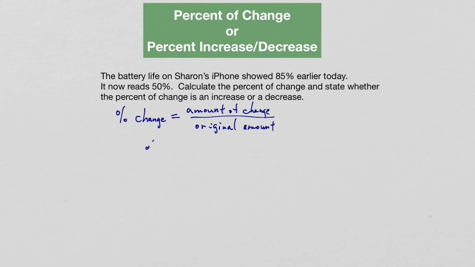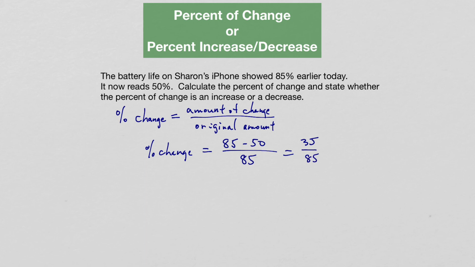We just plug in the numbers: the amount of change. It was 85, and now it's down to 50. So that difference would be 85 minus 50, and the original amount was 85, because that's what we started with. Okay, so 85 minus 50 gives us 35 over 85.